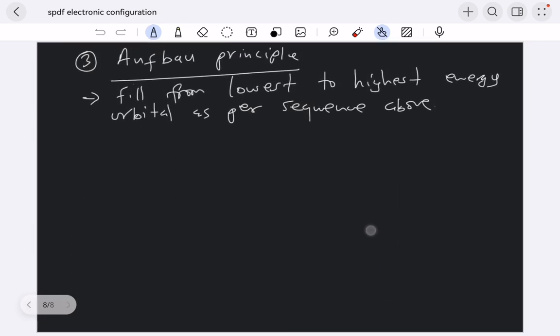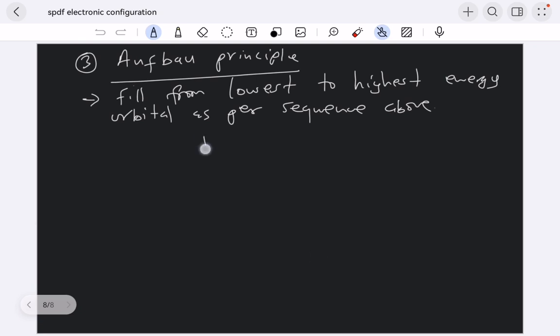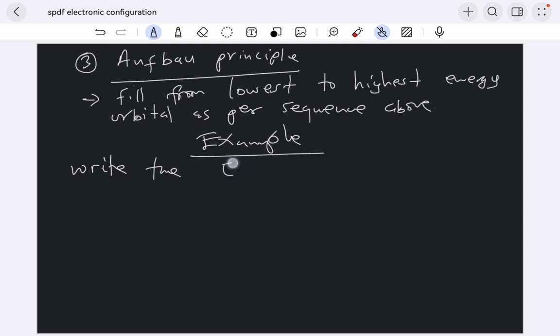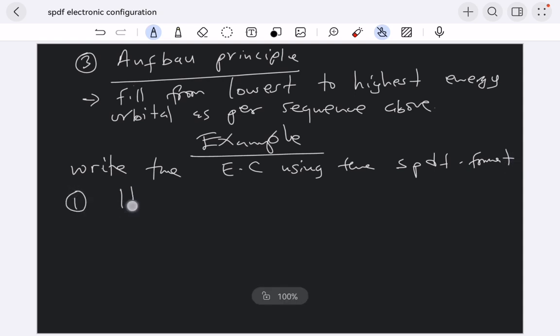Now let's look at examples. In this example, we are required to write the electronic configuration using the SPD format. For example, we're given hydrogen. Hydrogen only contains one electron, which means that we are dealing with 1s1.